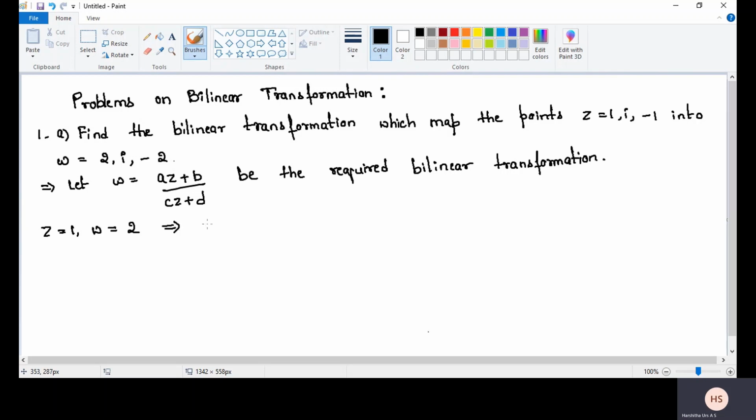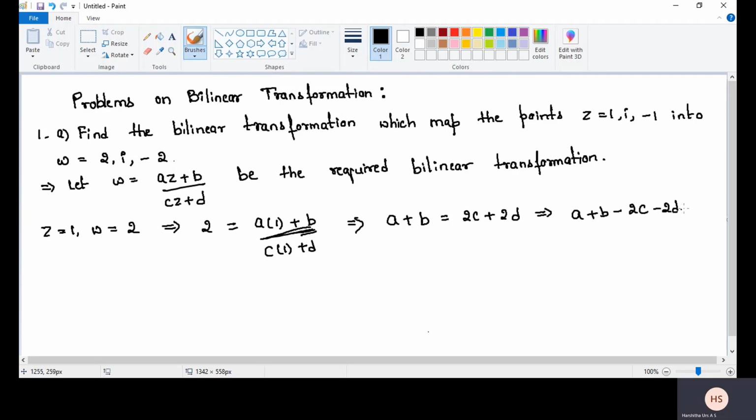That implies 2 is equal to a into 1 plus b divided by c into 1 plus d. That implies a plus b is equal to 2c plus 2d. That implies a plus b minus 2c minus 2d is equal to 0. Call this one as equation 1.